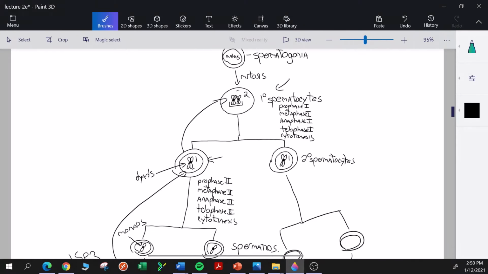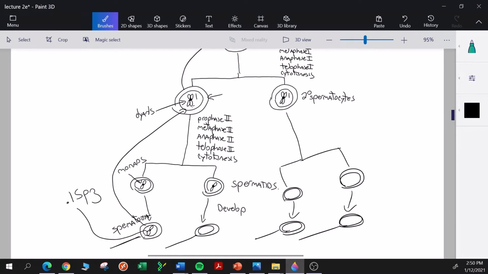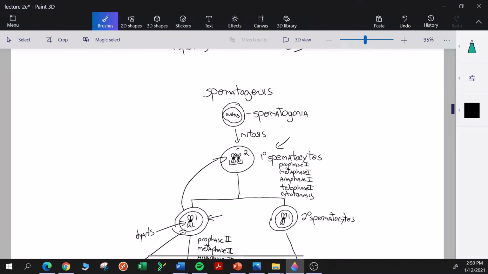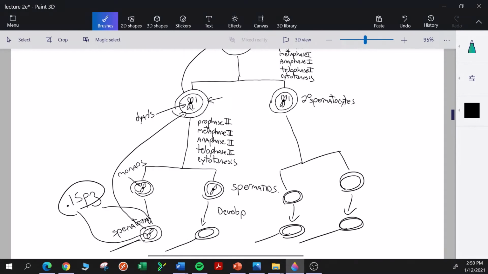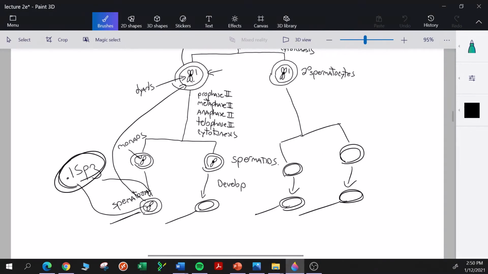So the answer to a question like that, given the mass of the nuclear DNA in a spermatozoon of 0.15 picogram, the mass of the DNA in a primary spermatocyte would be 0.60 picogram. So essentially, whatever this is times 4.